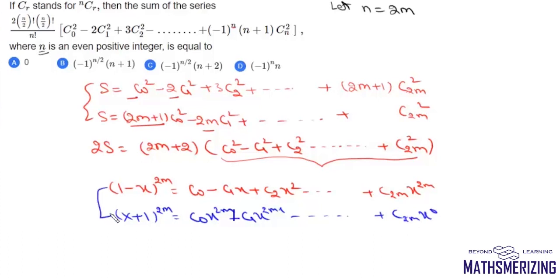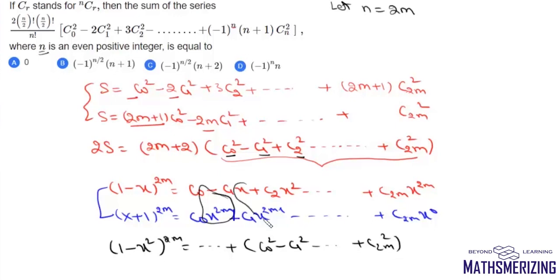Now I'll multiply the two series. If I multiply the two series, then I'll write (1 - x squared) to the power 2m, and there'll be many terms on the right hand side, but we are interested to find the sum of this series, C0 square minus C1 square plus C2m square, and this series is the coefficient of x to the power 2m. So all I need to do is find the coefficient of x to the power 2m from the left hand side.